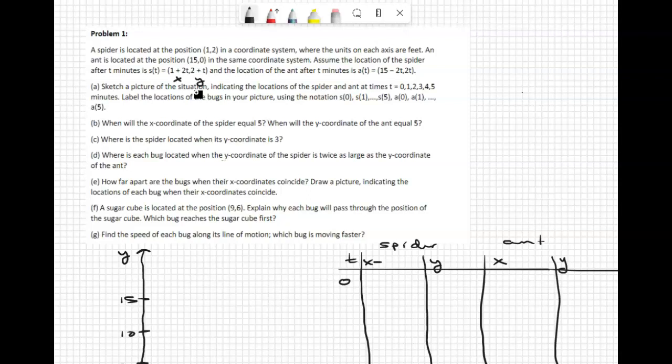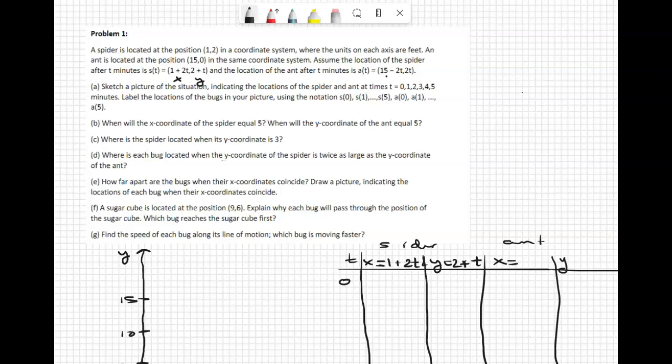So the x coordinate of the spider is given by 1 plus 2t, and the y coordinate of the spider is given by 2 plus t. This will help us figure out the location of the spider with each passing second.